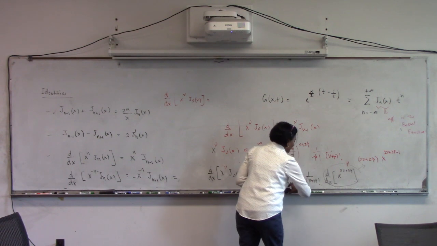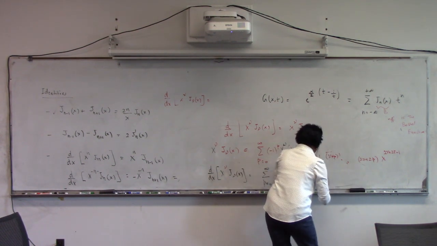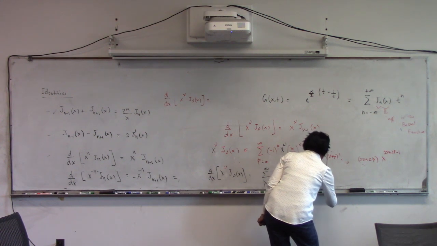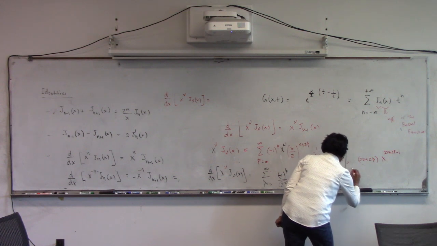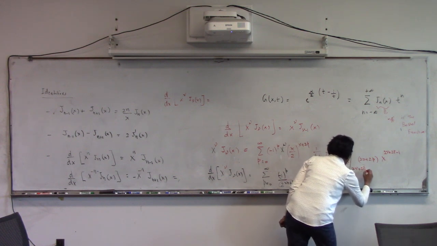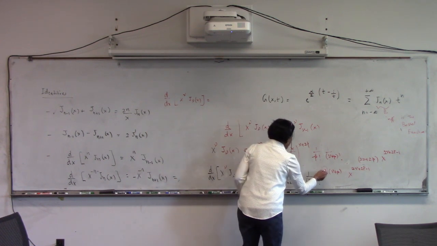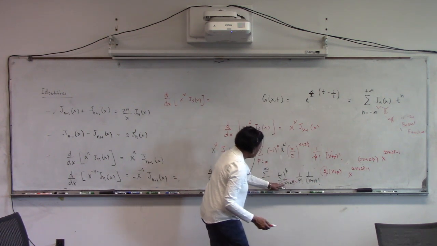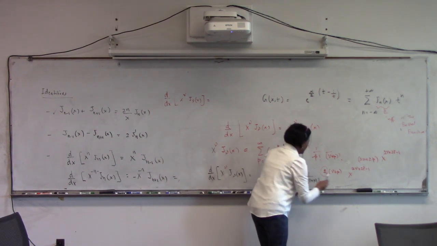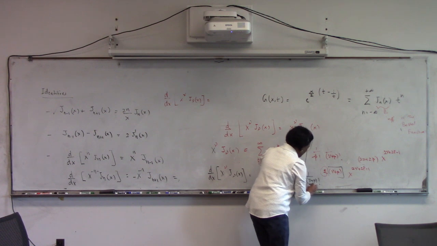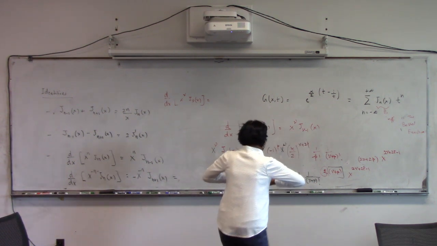This whole thing I'm going to rewrite now as 2 times nu plus p, x to the power of 2 nu plus 2p minus 1. And so I have an extra factor of 2, so this will become 2 to the power of nu plus 2p minus 1. And I have got nu plus p here, so this will become nu plus p minus 1 factorial.